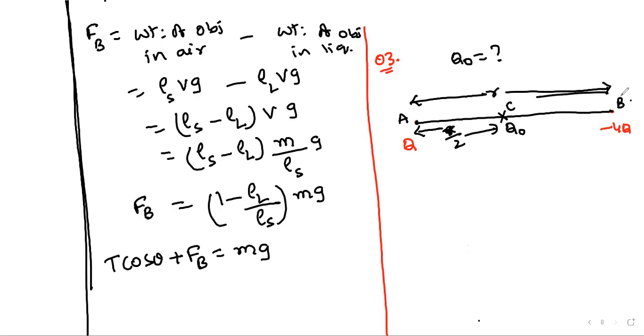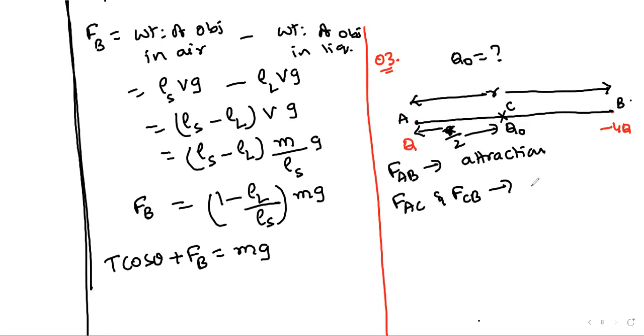Between A and B, you can see A has the charge plus Q and B has minus 4Q. So FAB is an attractive force, and FAC and FCB must be repulsive.